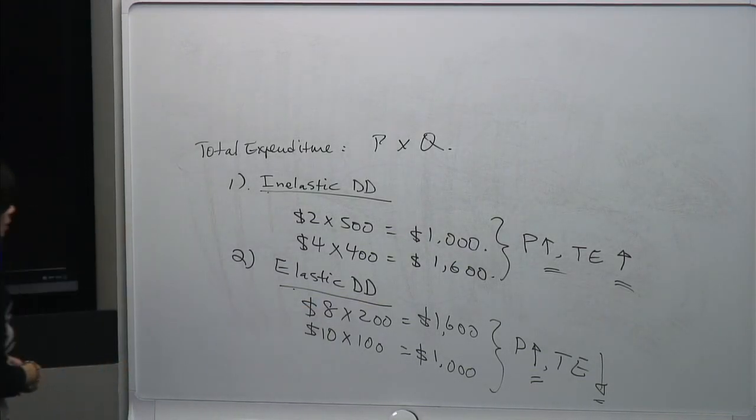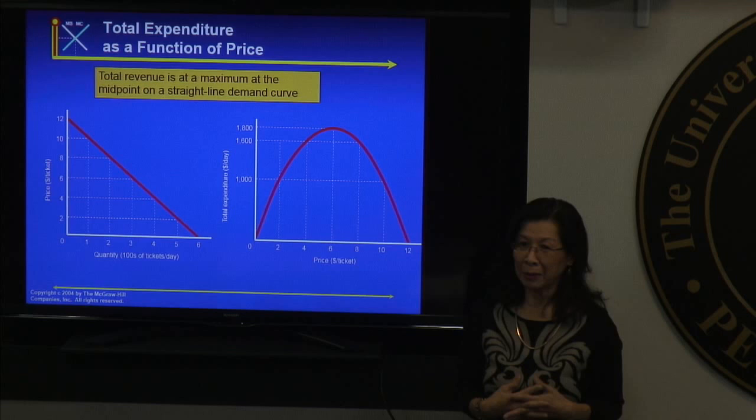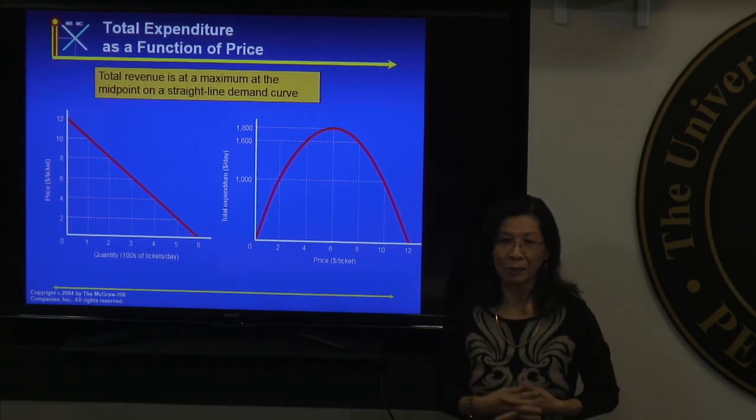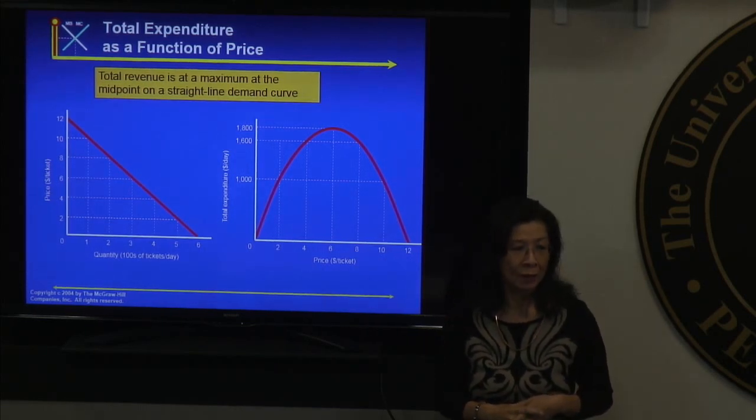And so you got 1,600. So then it comes down again. And then further, $10, it comes down again, 1,000. Wow. So what does that tell you? That tells you that the midpoint is where you maximize your total expenditure.